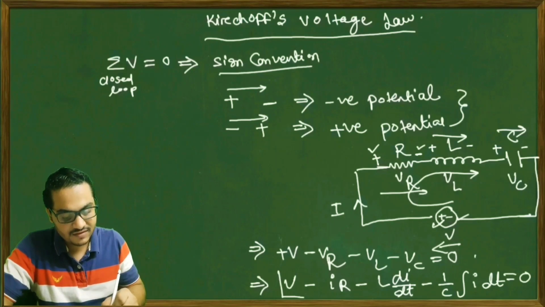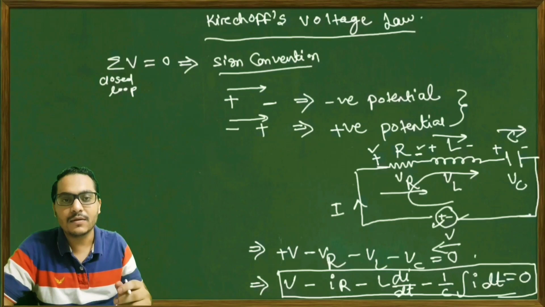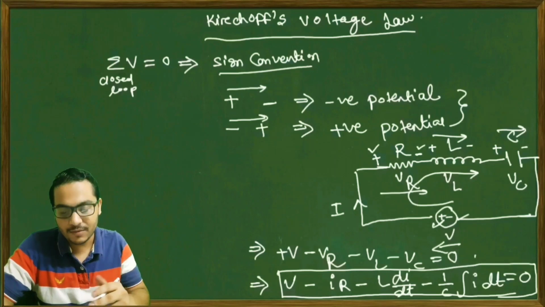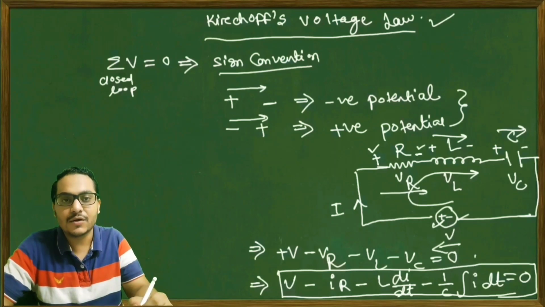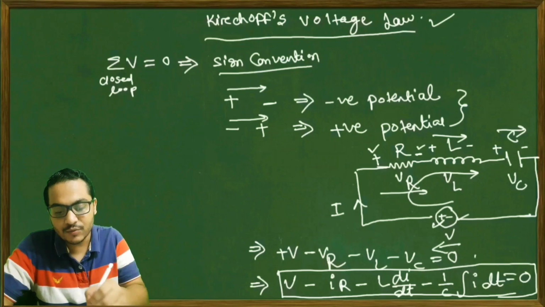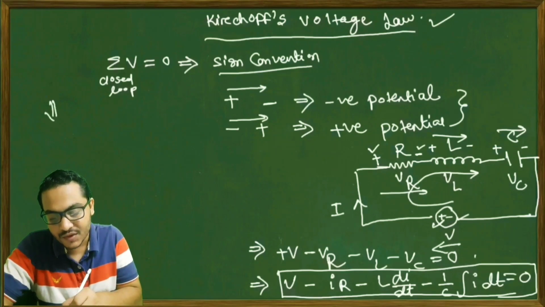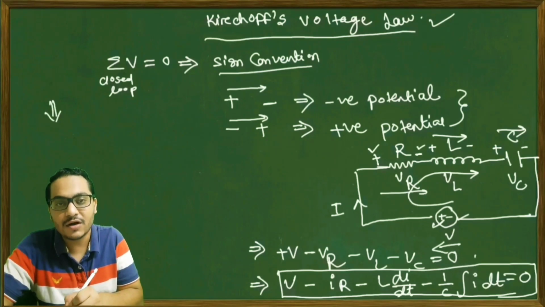So this is all about Kirchhoff's voltage law. Now in the SSC exam you may be asked on which principle Kirchhoff's voltage law is based. So remember one thing: Kirchhoff's voltage law is based on the conservation of energy or conservation of work.